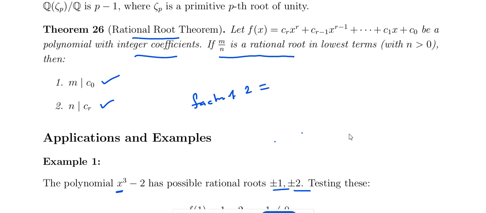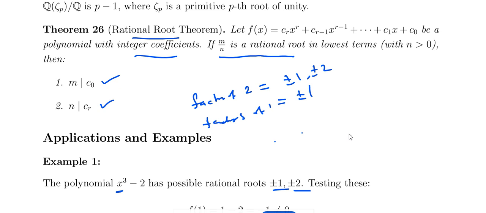are plus or minus 1, plus or minus 2, the correct factors of 2. And the factors of 1: the highest coefficient c r, since it is a degree 3 polynomial, is the coefficient of x power r. The denominator divides c r. Here the coefficient of x cube is 1, so the factors of 1 are plus or minus 1.